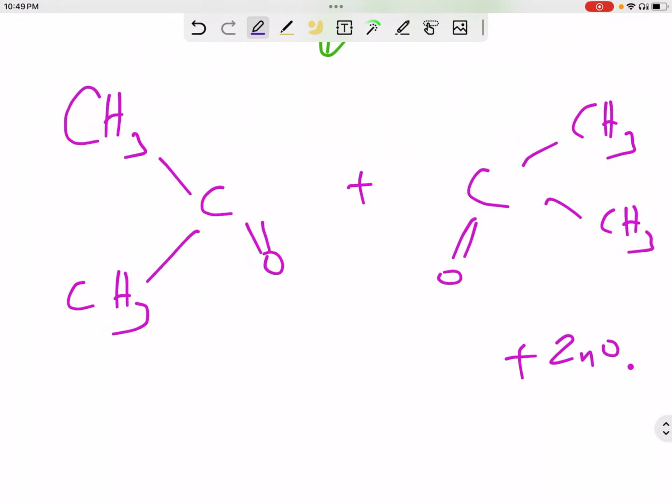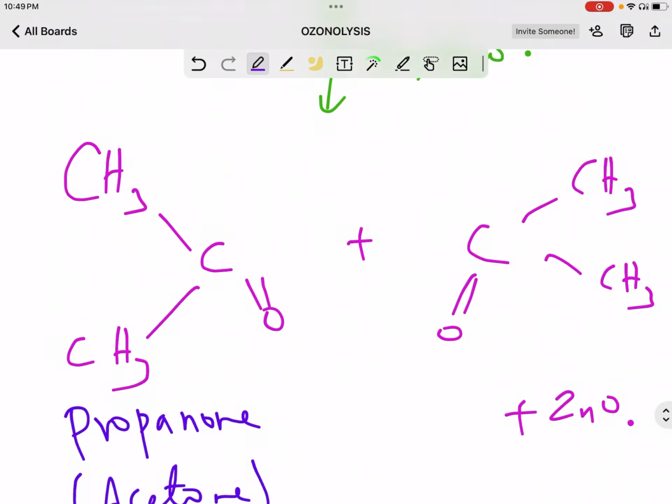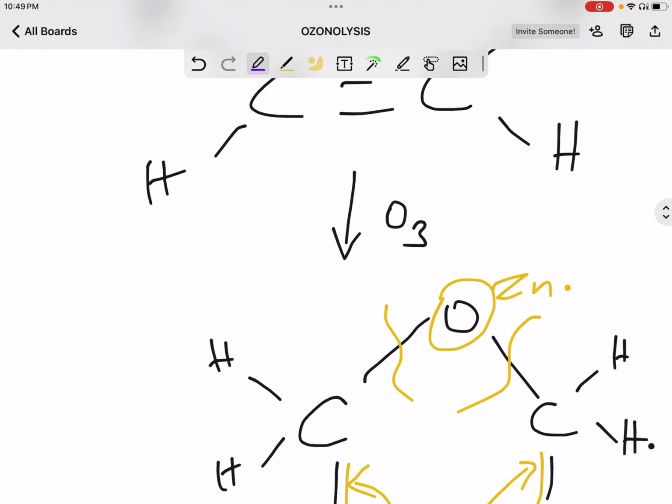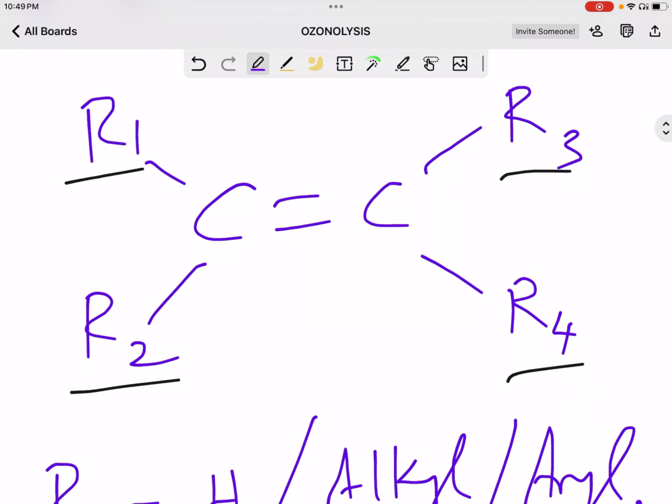Now the name of this compound is propanone. We are getting two propanones, which is also known as acetone. So when we take all of R1, R2, R3, R4 as methyl group, we are getting ketone.